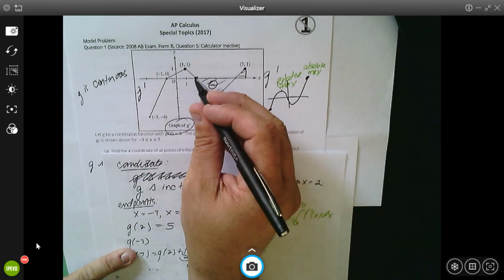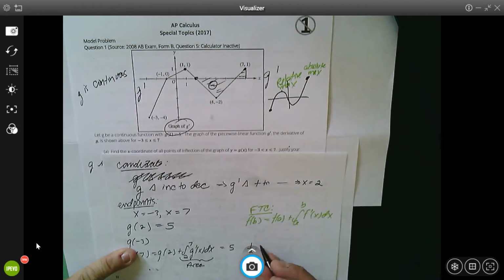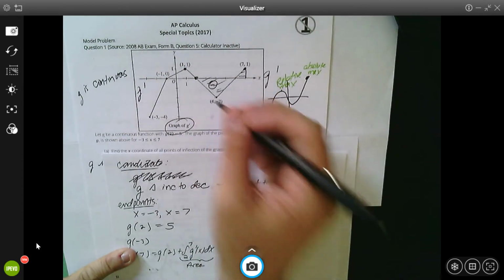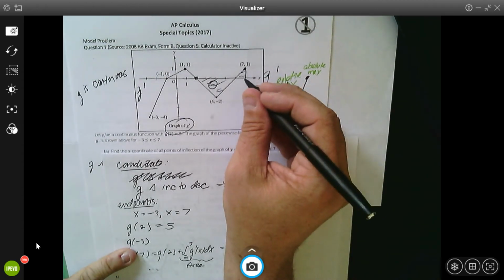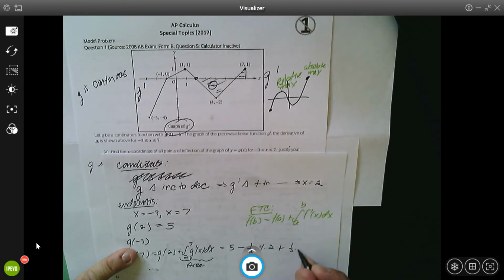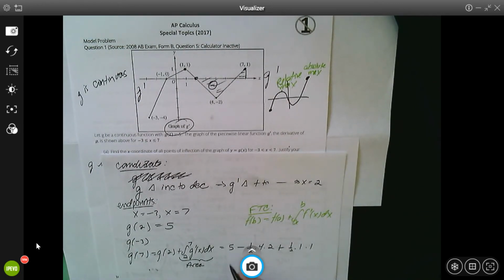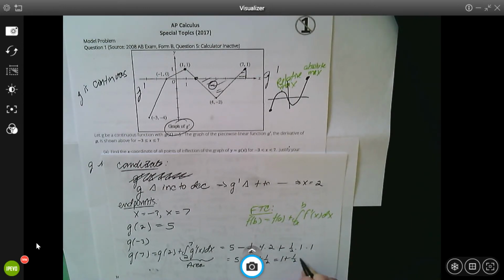The base has a length of 1, 2, 3, 4. The height is 2, going to be negative. Plus this last triangle has a base of 1 and a height of 1, so 1/2 times 1 times 1. I am going to clean this up and simplify. 1/2 times 4 times 2 is 4, plus 1/2. We get negative 4 plus 1/2, which is negative 7/2, so g of 7 is 3/2.